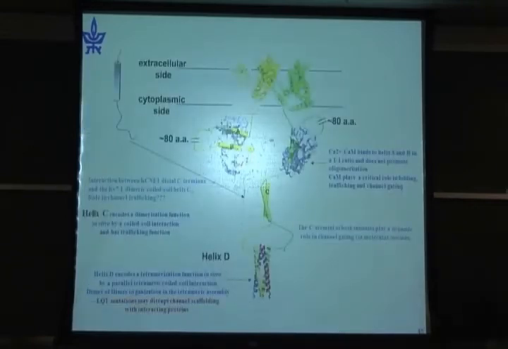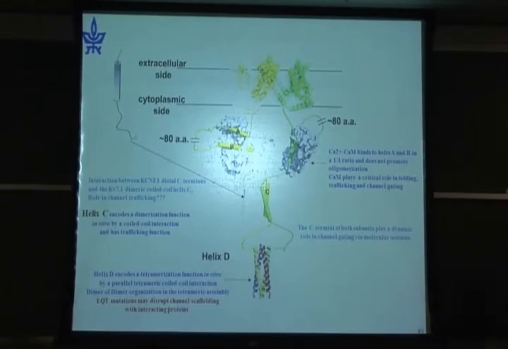So to conclude, in trying to put everything together with the partial structural data that we have, and the biochemical experiment and the functional experiment, we have this long C-terminus of the alpha subunit, which is built up of several modules.